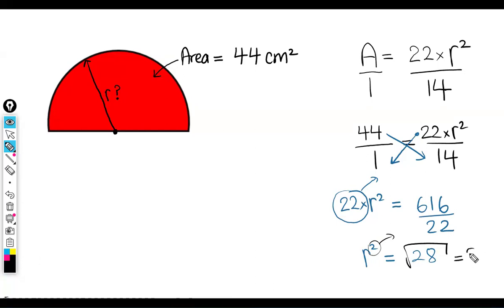I'm getting 5.29. A few people got it wrong. I think Jaden got it wrong. Let me know if you saw your mistake. 5.29 is the radius. Right, so take down my work if you got it wrong.